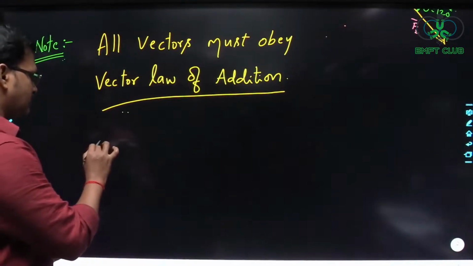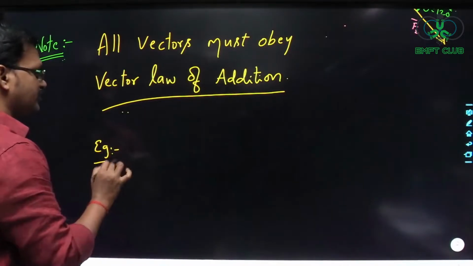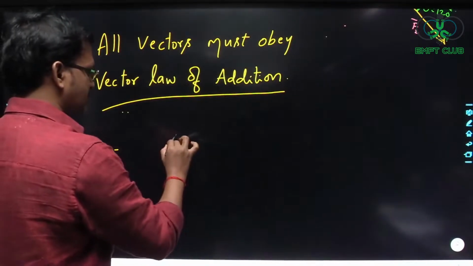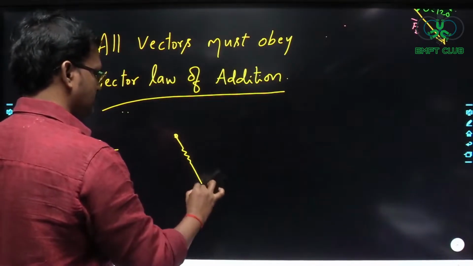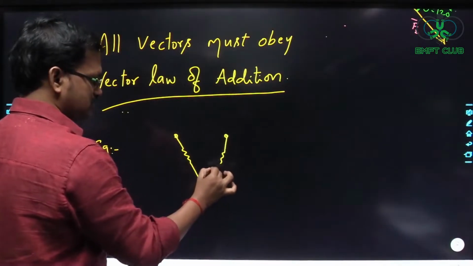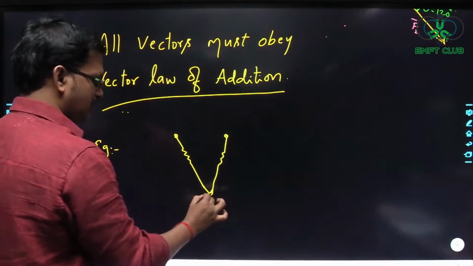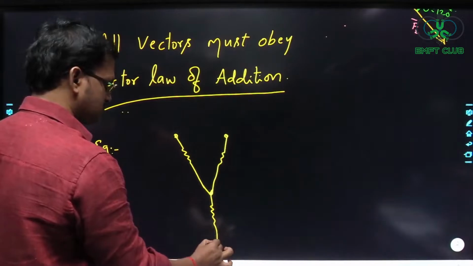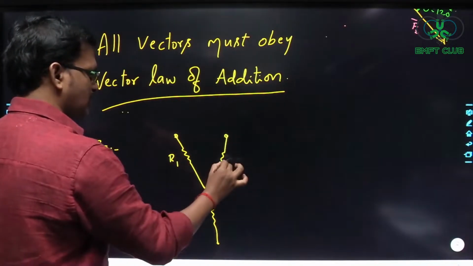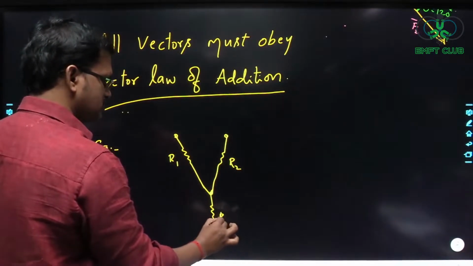Now, for example, if I take a current here, let us take one resistor here, another resistor here, and another resistor here. Let us say this is R1, this is R2, and this is R3.